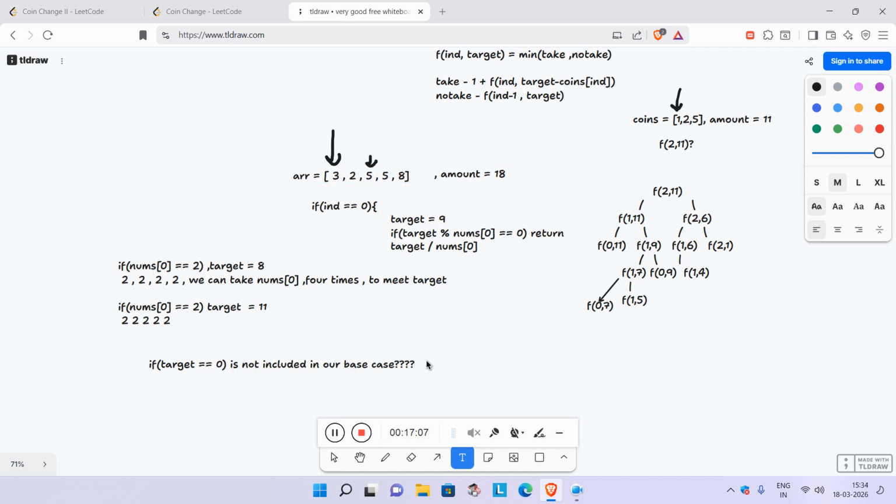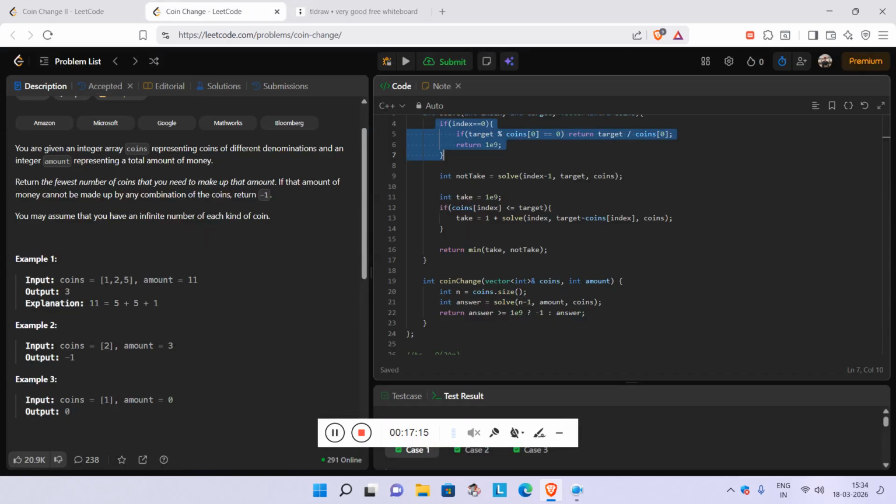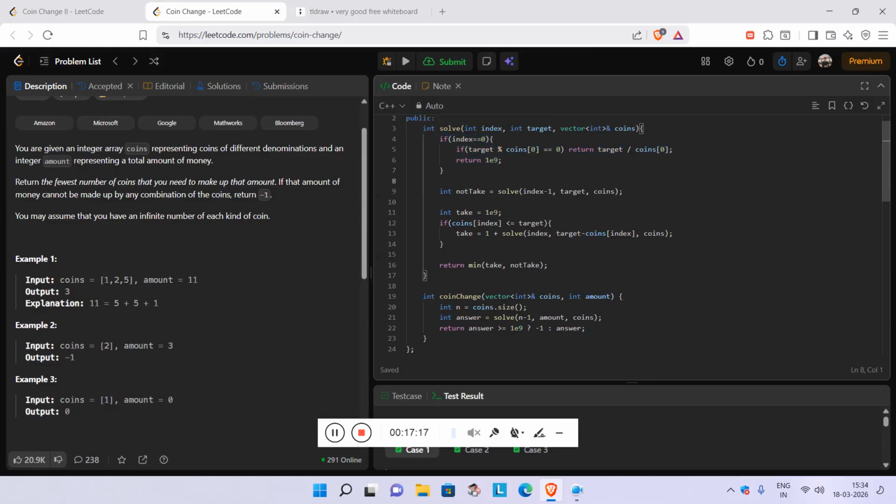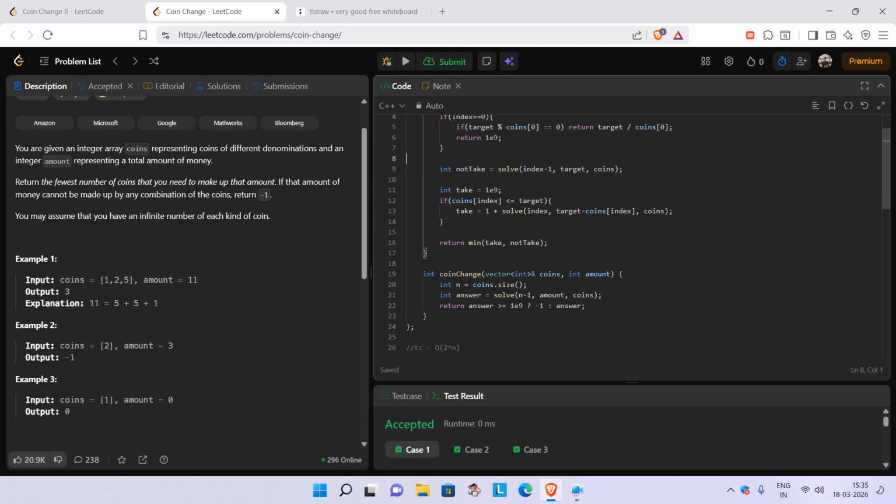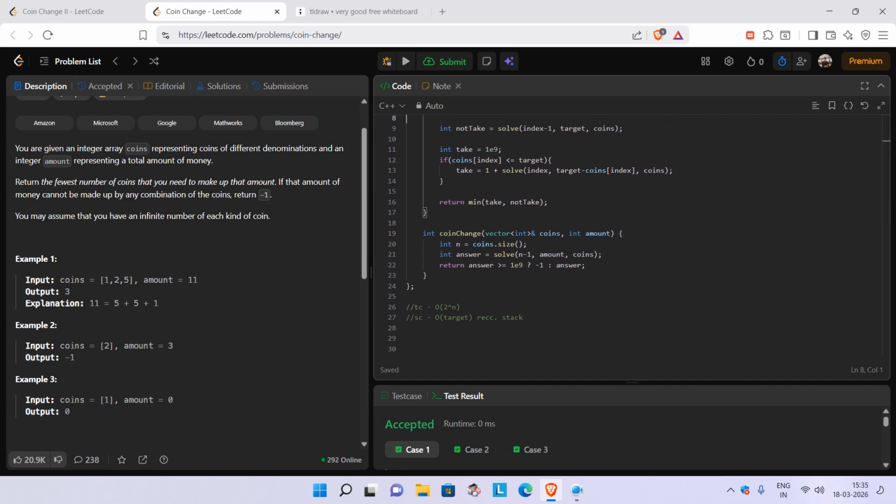Don't confuse it, because this test case is already included. If our target becomes 0, then 0 divided by something simply becomes 0, so we return that. That's why we avoid a separate base case for target equal to 0. It is already handled by this base case, or we can take that base case also; it doesn't affect our answer.